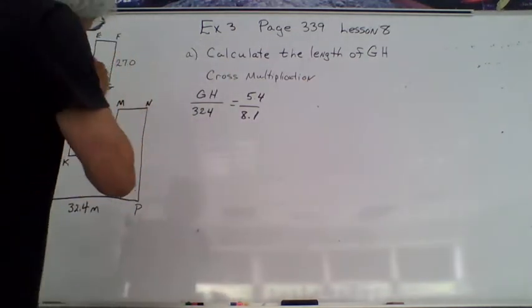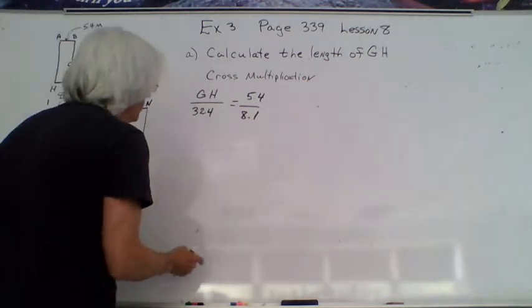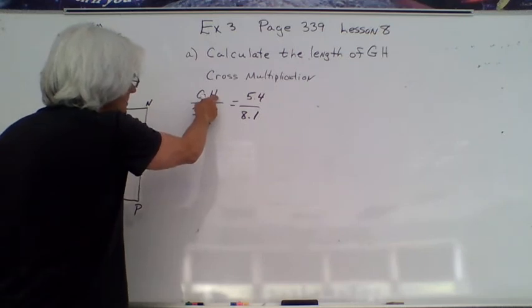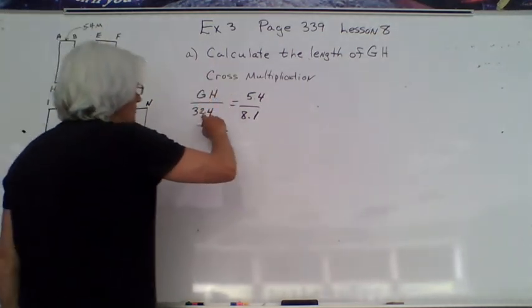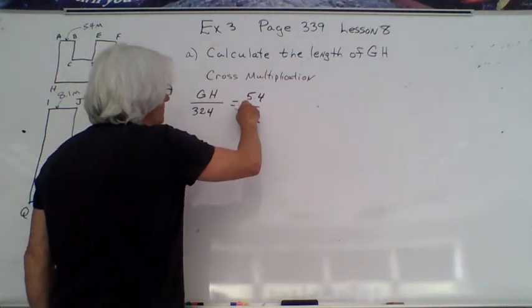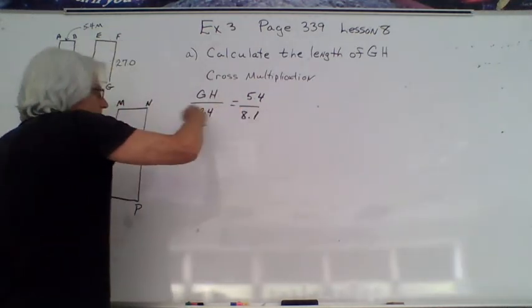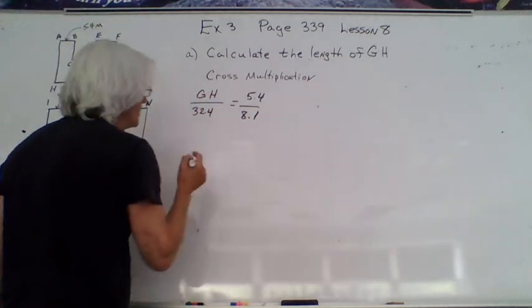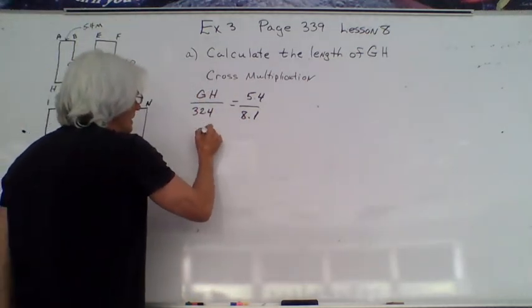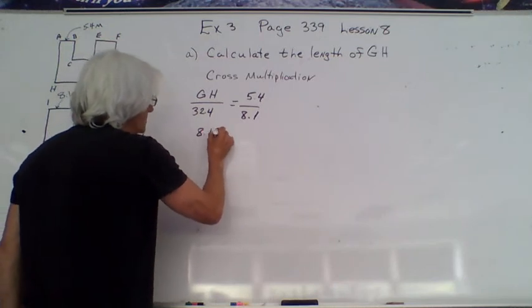And in cross multiplication, all I do is I take the GH and I multiply it by 8.1. And then I'm going to take the 32.4 and multiply it by 5.4. So just as it sounds, cross multiplication. So GH times 8.1 is 8.1 GH.